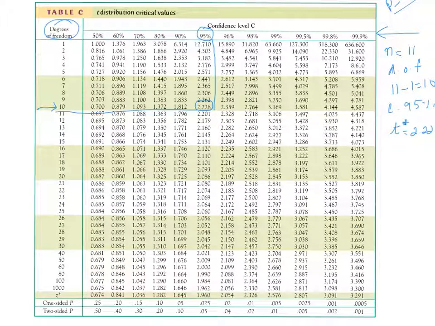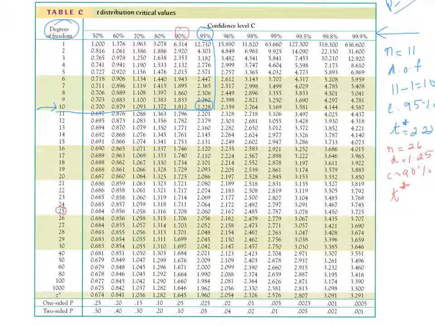Now let's look at one more example. Suppose the sample size is, let's say, 26, which means degrees of freedom is equal to 25. And we're looking at a confidence level of 90%, and we need to find T star for a confidence level of 90%. So let's look at first the row headed by 25, and the column headed by 90%.